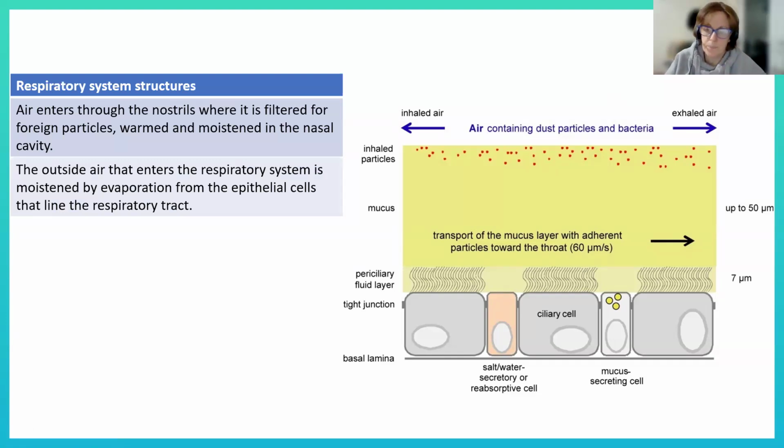So first structures are the nose. There are lots of adaptations to help us deal with what's being inhaled. For example, we've got a mucus layer and we've got ciliated cells that have tight junctions between them. And what happens is all of these particles get trapped in the mucus.